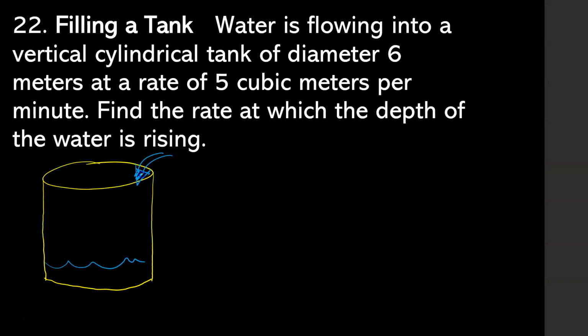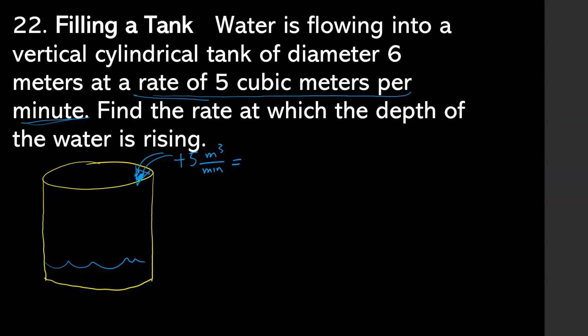We'll put an arrow to indicate flowing in. And let's go ahead and dissect everything. So water is flowing into a tank at a rate of 5 cubic meters per minute. Okay, so this is plus 5 meters cubed per minute.